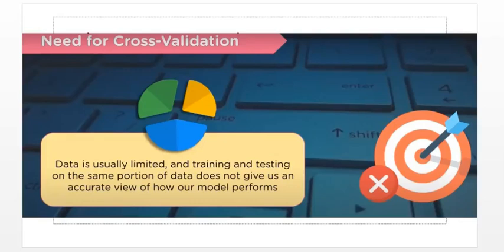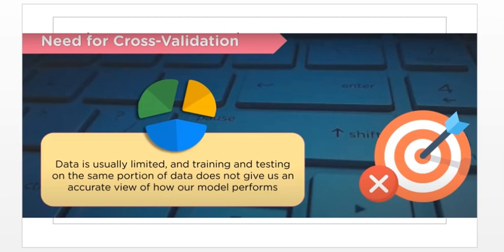Now we're going to study the need for cross-validation. One of the uses is to efficiently use limited data. In small datasets, splitting data into separate training and testing sets can waste valuable information. So cross-validation allows the entire dataset to be used for training and testing at different points, maximizing data usage.